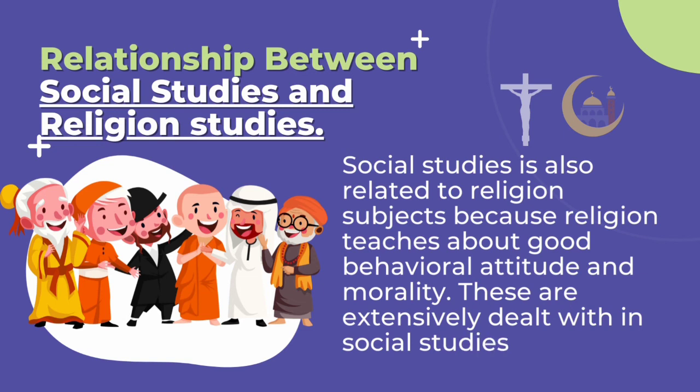So social studies is also related to these religious studies because religion teaches us about good behavior, attitude, morality, knowing the difference between right and wrong, doing the right thing, and it is also taught in social studies. So that is the relation.